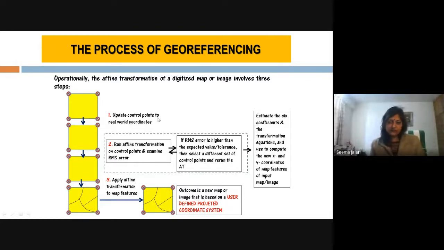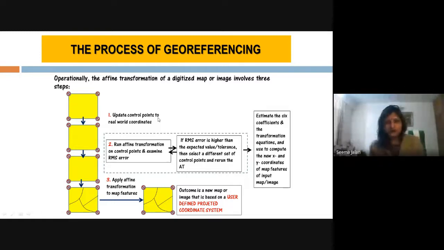You can georeference the topo sheet, and once you georeference the topo sheet, you will get the coordinates for each and every point in it. Then you can identify features for which you want the coordinates, and then you can link your image or whatever data you are georeferencing to that topo sheet.